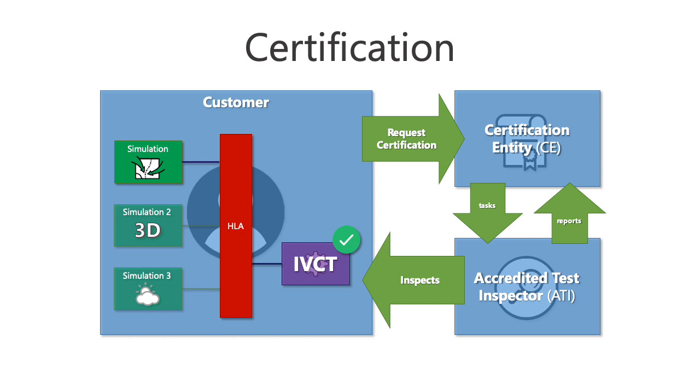Of course, in the background, there's some contracting between the customer and the certification entity, and between the certification entity and the test inspector, so that the money flows correctly.